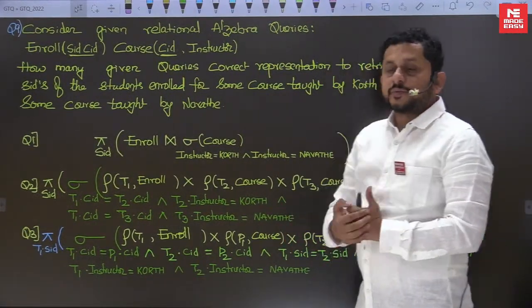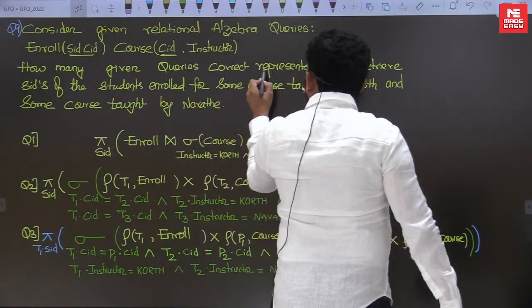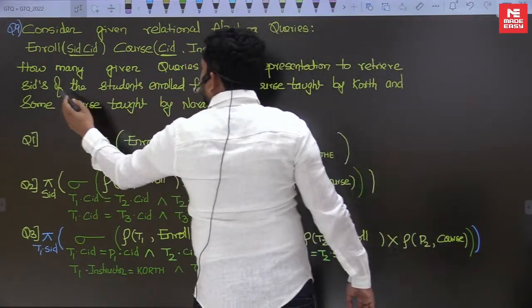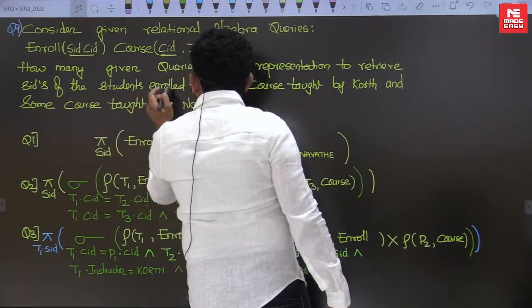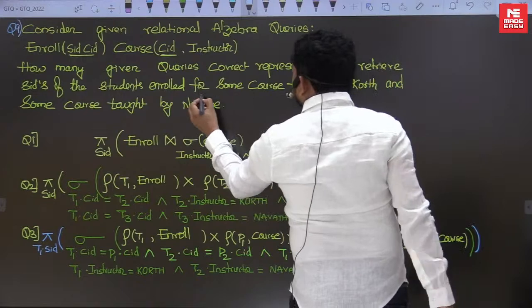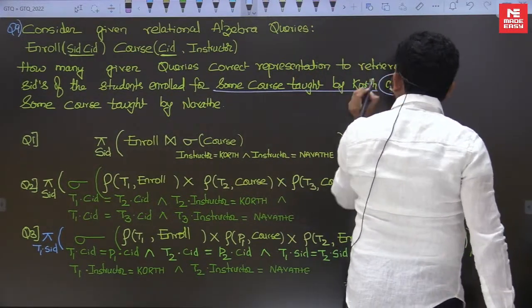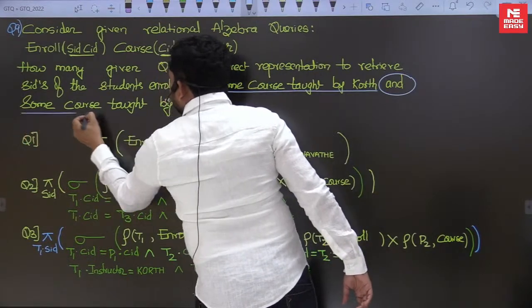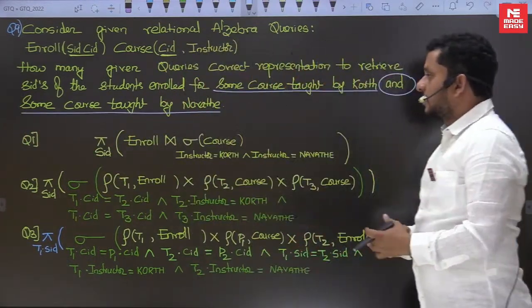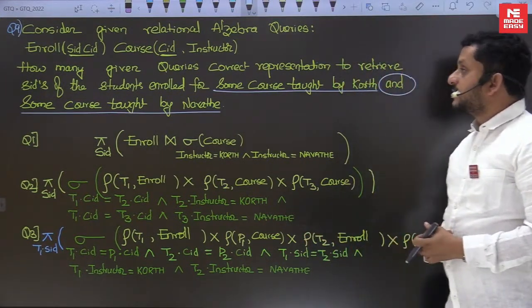Now solve the question from the queries. How many of the given queries are a correct representation to retrieve SIDs of the students enrolled for some course taught by Korth and some course taught by Navate? Enroll and course are the RDBMS tables.